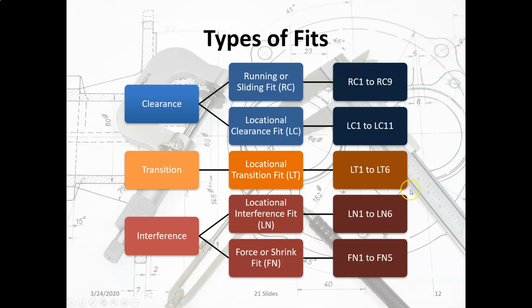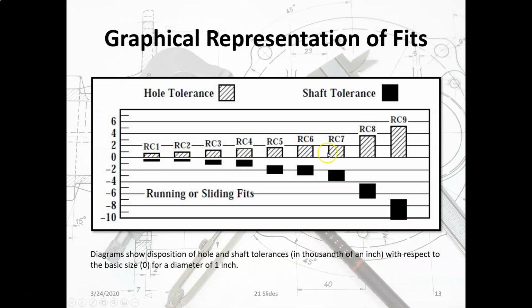Okay, so how do we use this in our designs? All right, so let's look at this right here. We can see this is a graphic depiction of the range of sizes for the clearance fit, right? An RC1 fit is going to be a much closer clearance fit than an RC9 fit.